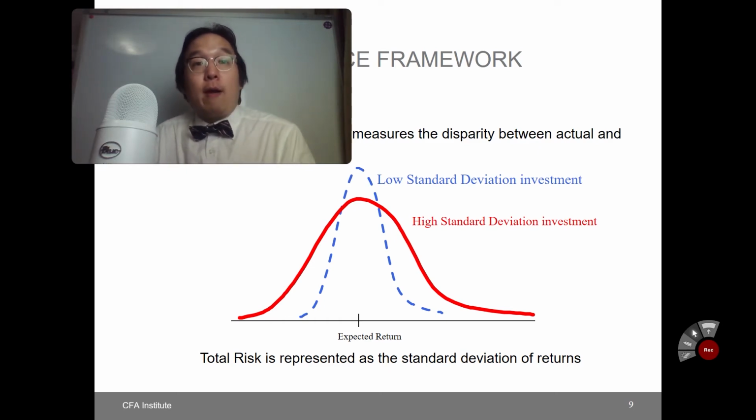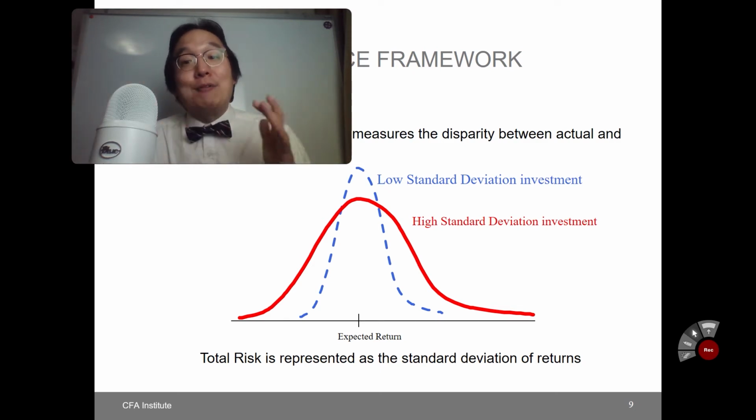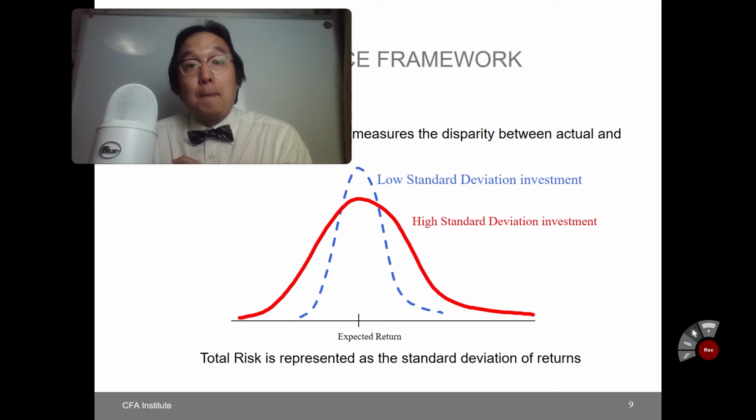In the histogram, you are going to see that the bars would be widely dispersed for high-risk securities and tightly distributed for low-risk investments. Total risk is represented as the standard deviation of these returns.